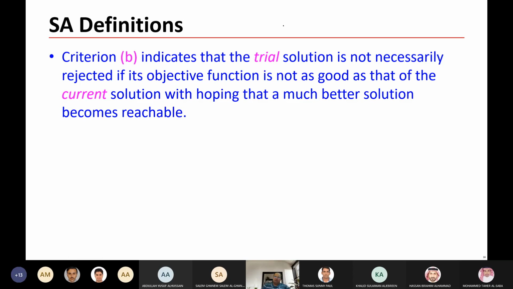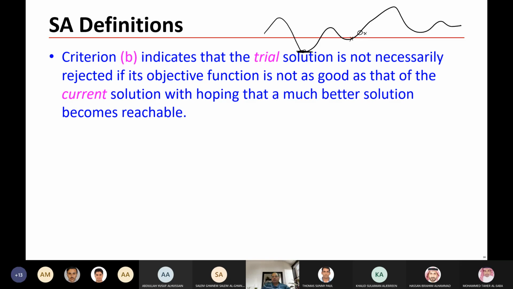For example, if you have this kind of objective function that we need to minimize, where we search for the optimal solution, which is here. If you have a current solution here and you move in the neighborhood, you reach this one.